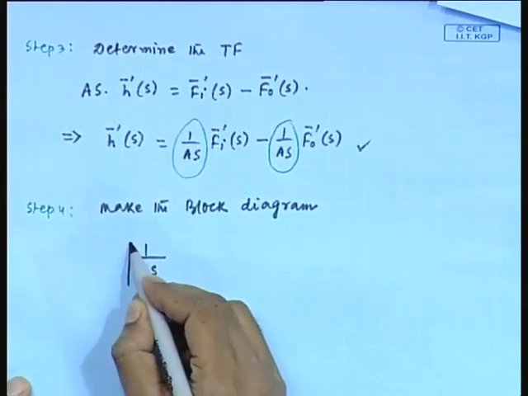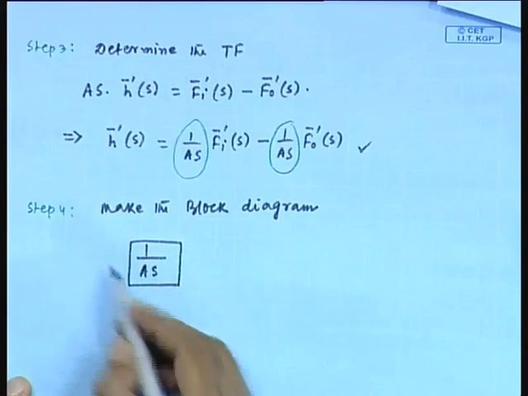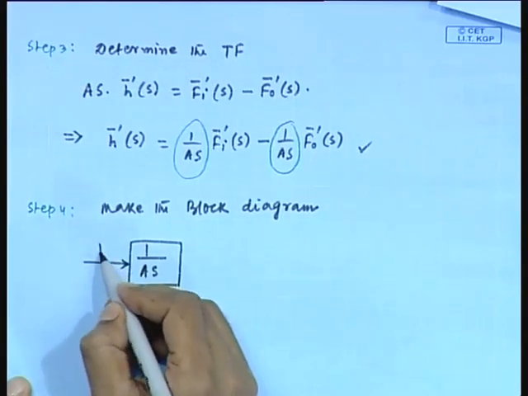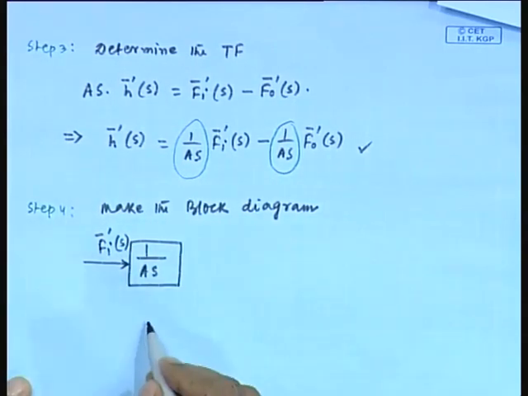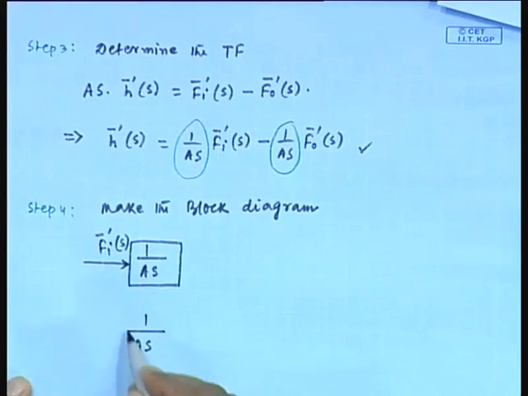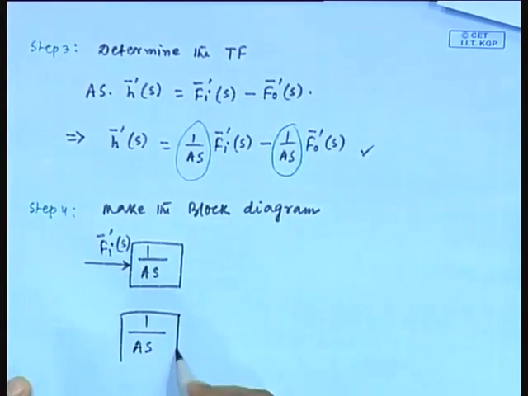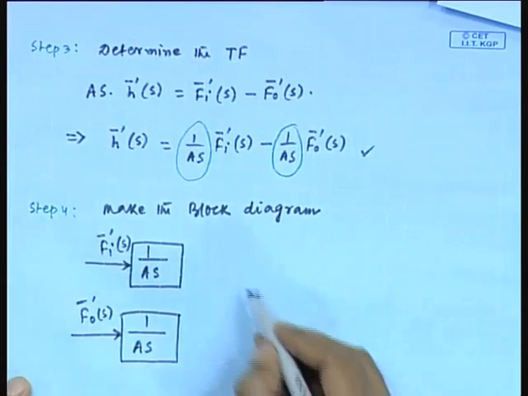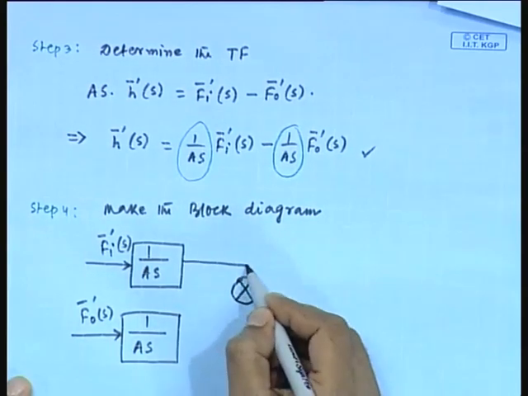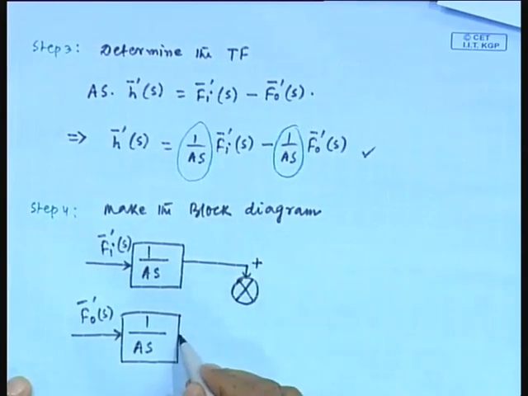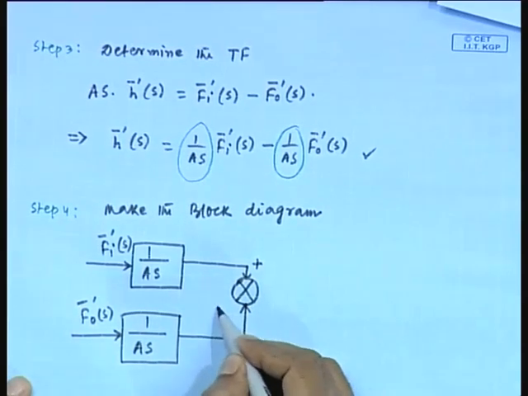1 by A s, input to this block is f I bar prime s, another transfer function is 1 by A s, input is f naught bar prime s, so we will use here positive sign and here negative sign.